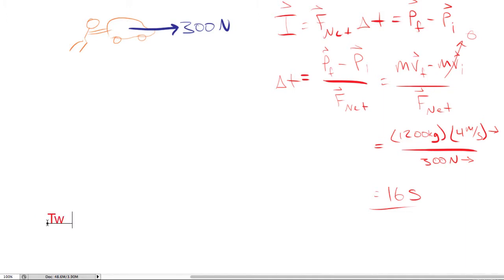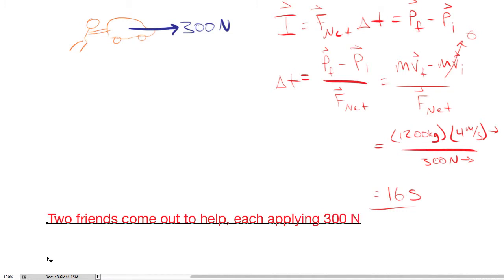Say that two friends come out to help, and they each apply an additional 300 newtons. So now how long does it take? Starting over from rest, how long does it take?